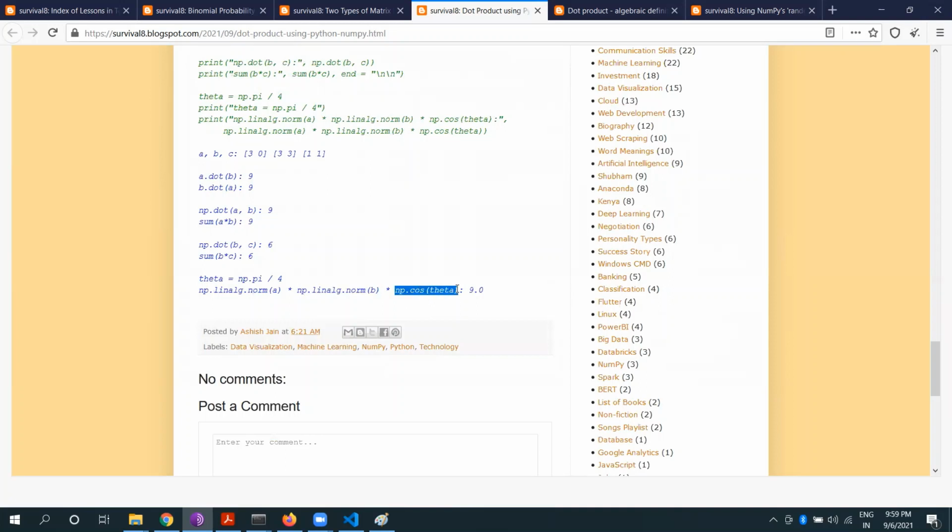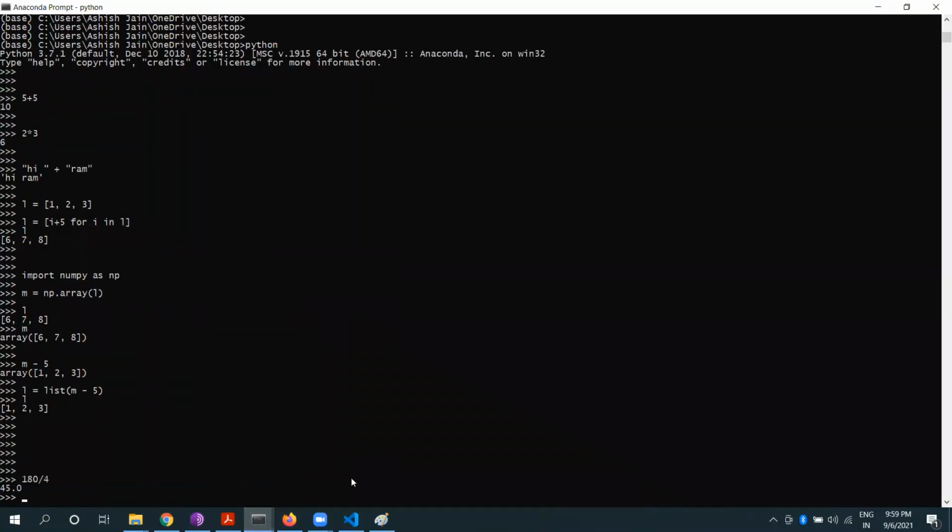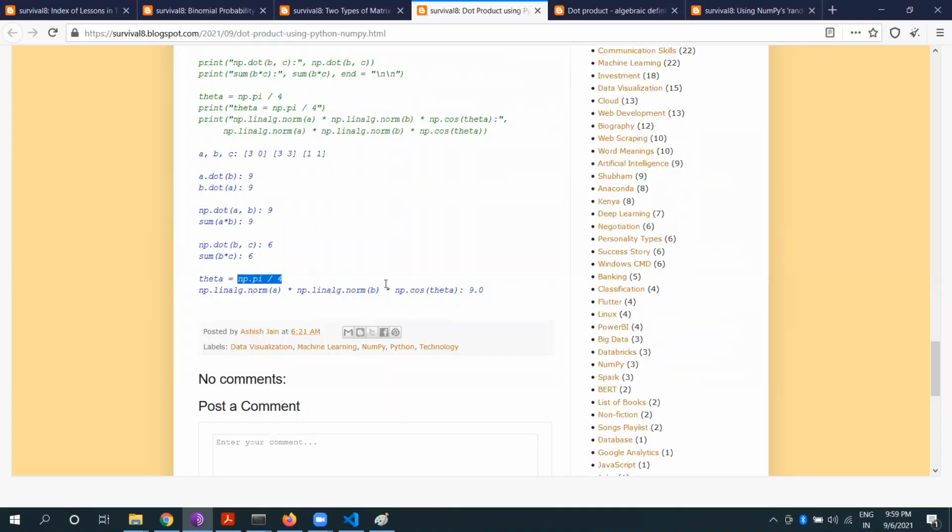Then what is theta? Theta should be in radians. np.pi by 4. Pi is 180, and 180 by 4 is 45, so you get 45 degrees.